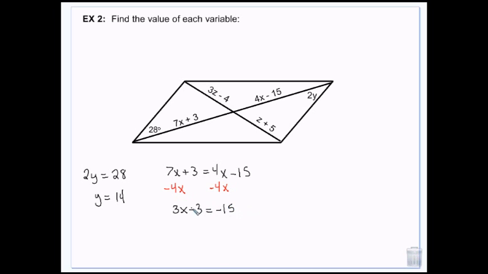That's plus 3, not minus 3. Subtract 3 from both sides. Negative 18. So x is equal to -6.